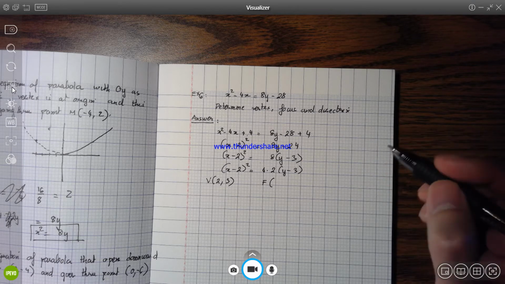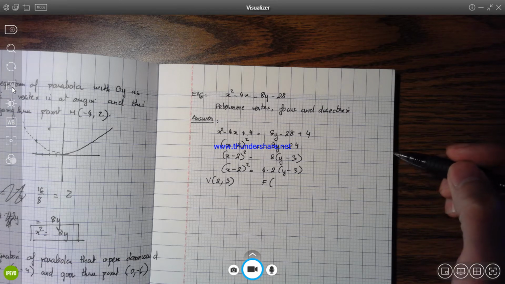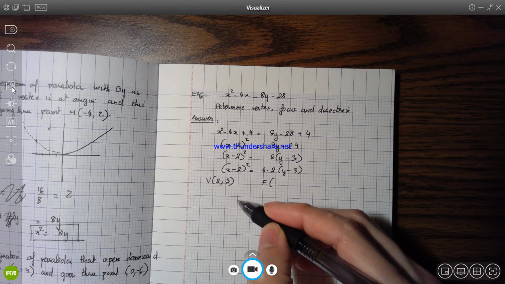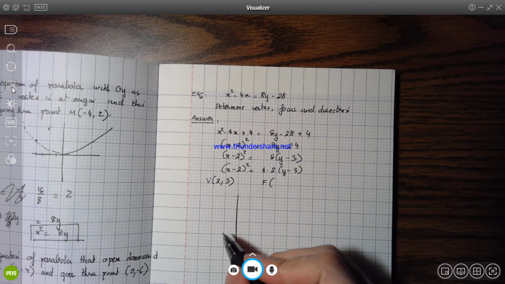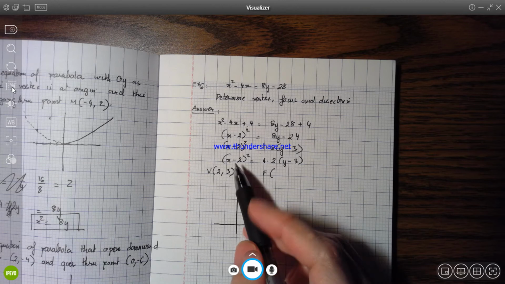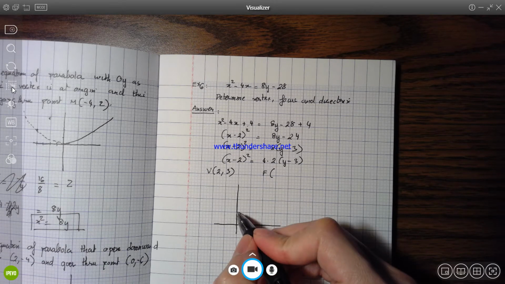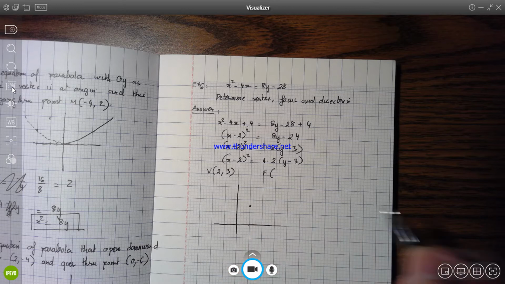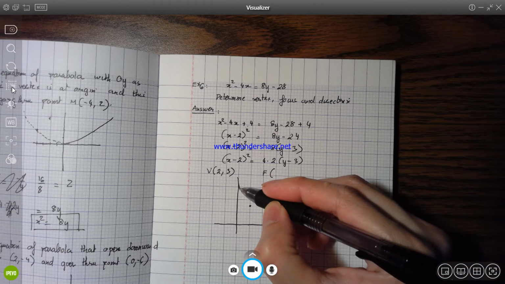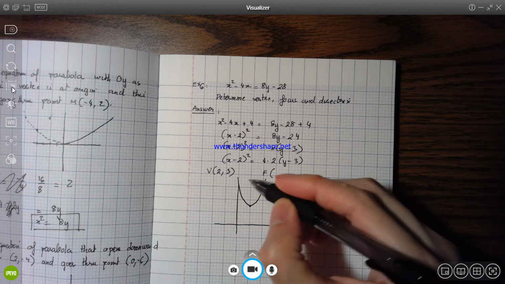Just imagine, this is (2, 3), so the vertex is (2, 3). Let's sketch it quickly right over here, then you know right away. The vertex is 2 right here and 3 right here. This is the vertex, it's opening up, and we know p is 2.